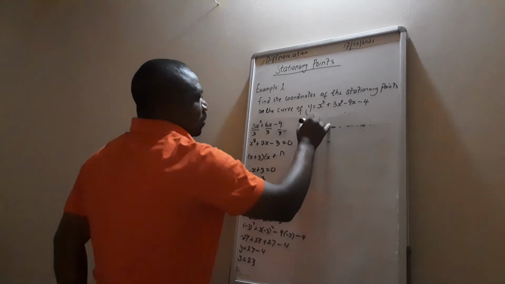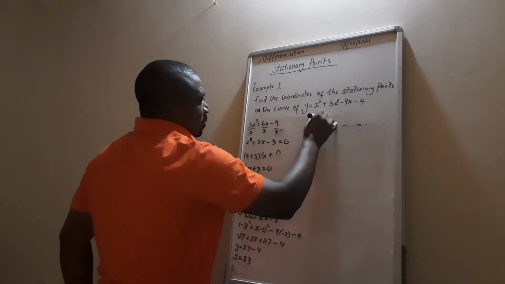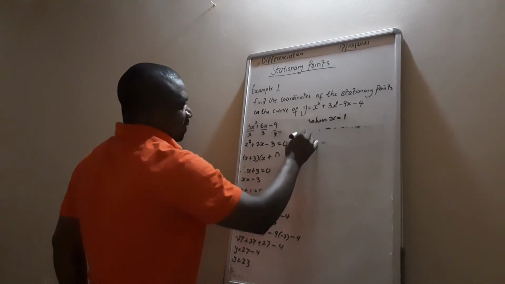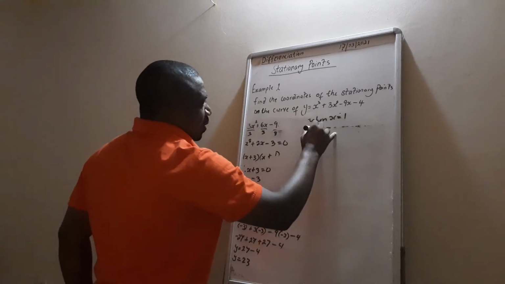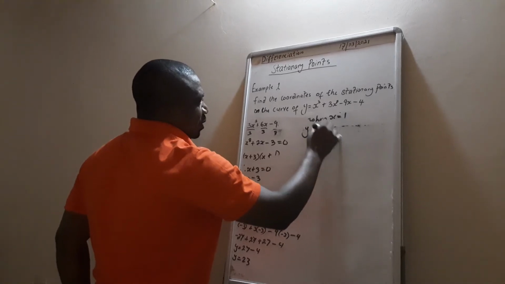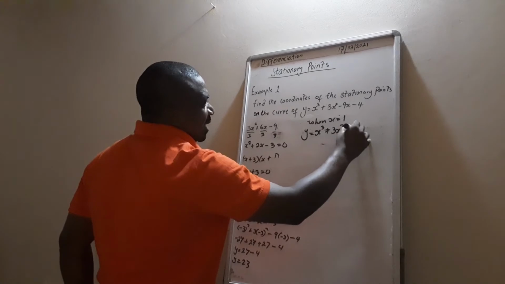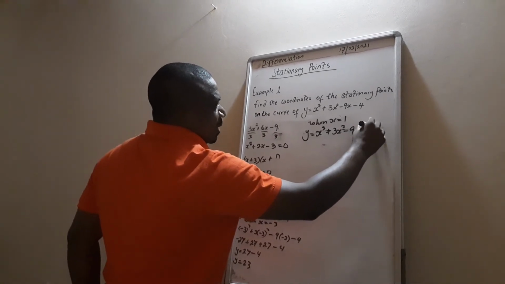Also, when x is equal to positive 1, we have this function, y equals x to the power 3 plus 3x to the power 2 minus 9x minus 4.